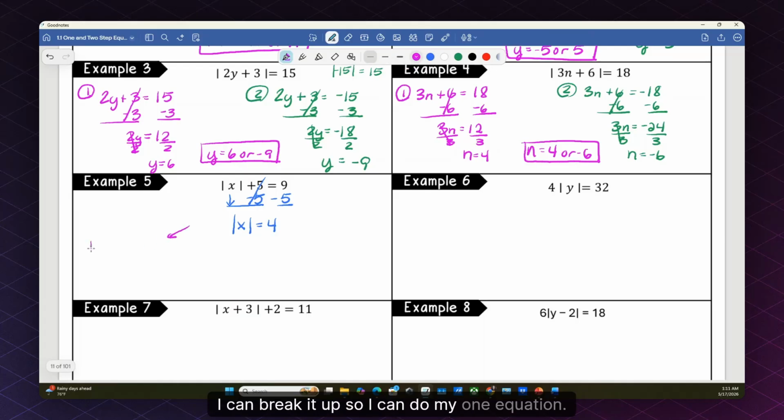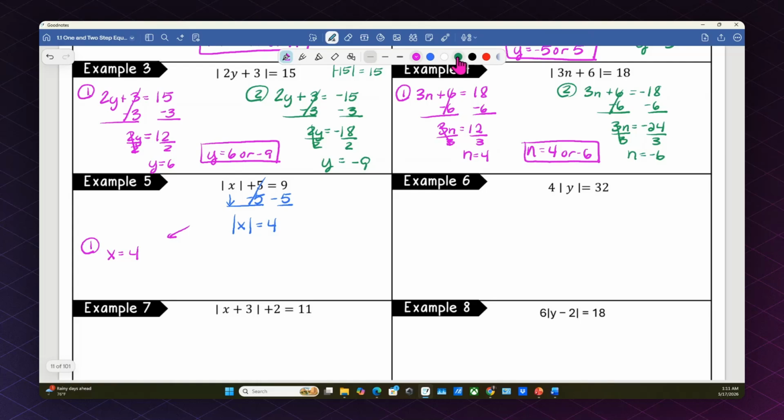My one equation is x equals positive 4, and there's nothing more to do with that one. And my negative version is x equals negative 4. So when I write my answer, both together, it's x equals positive 4 or negative 4.